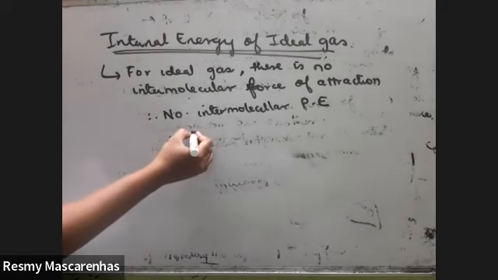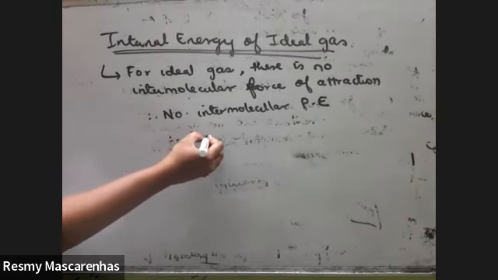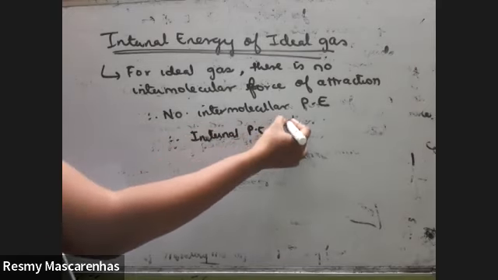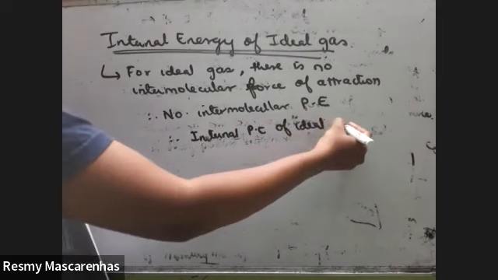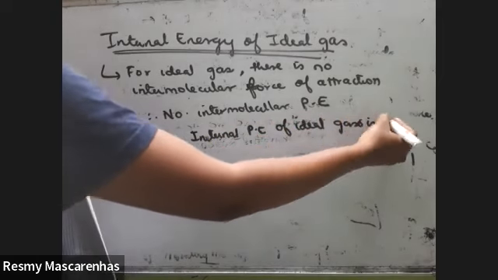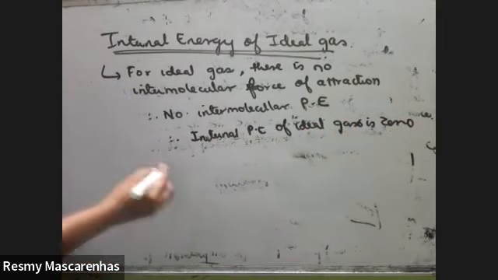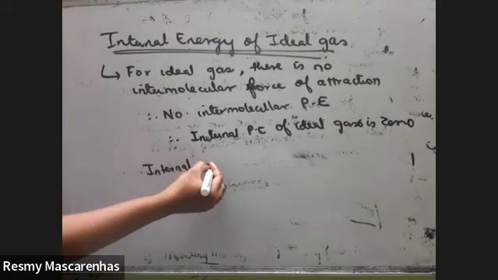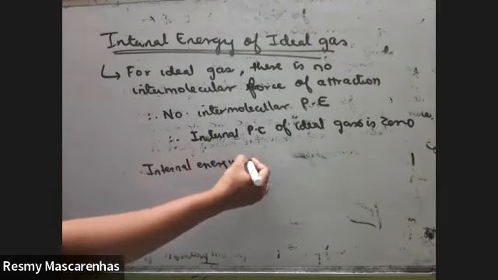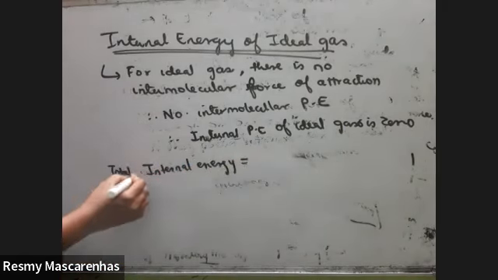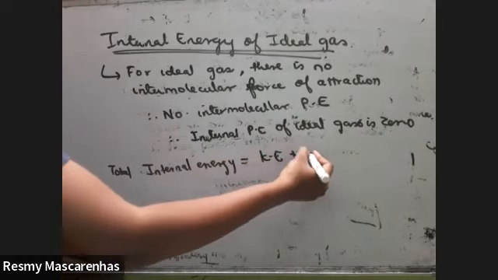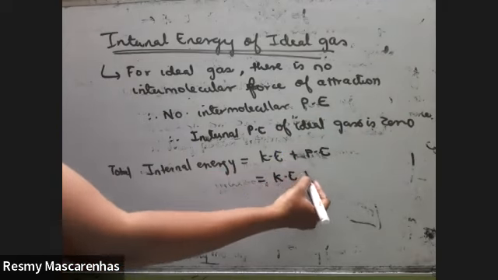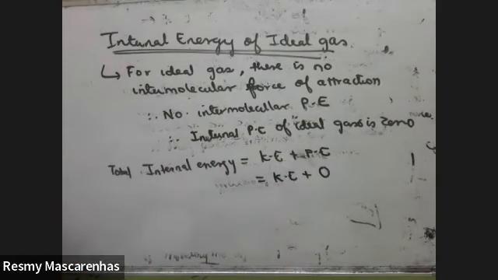Therefore, internal potential energy of ideal gases is zero. So total internal, what will happen? Total is kinetic energy plus potential energy. So only it will be kinetic and potential energy will be zero.